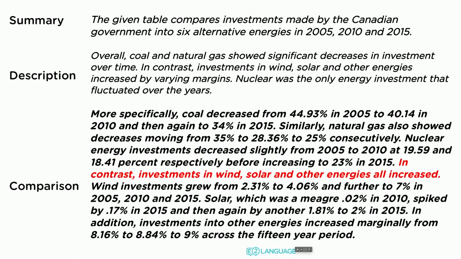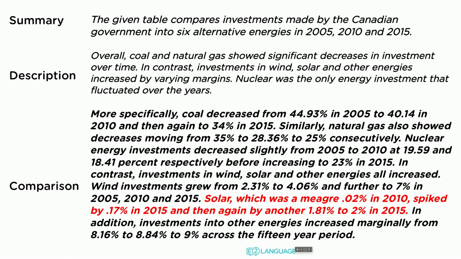In contrast, investments in wind, solar, and other energies all increased. Wind investments grew from 2.31% to 4.06% and further to 7% in 2005, 2010, and 2015. Solar, which was a meager 0.02% in 2010, spiked by 0.17% in 2015, and then again by another 1.81% to 2% in 2015.